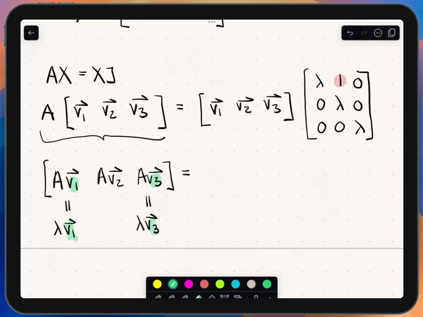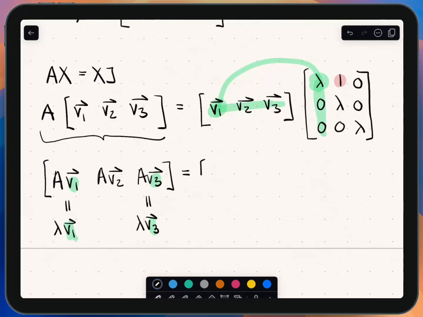So I want these two vectors to come out as lambda V1 and lambda V3. And we can see, if I just do my lambda in a column right here and multiply it by this thing right here, we're only going to pick out lambda and the V1.